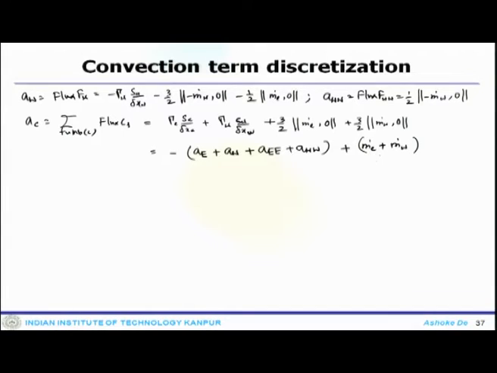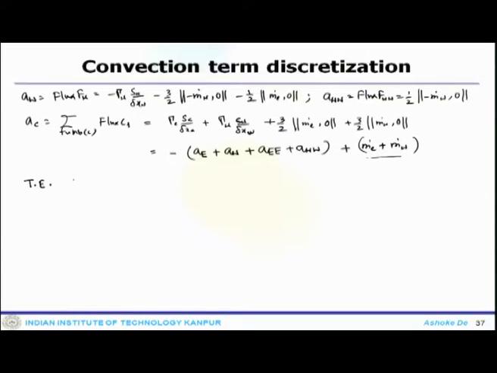So, for the continuity equation to be conserved, this will go away. Now, the truncation error one can estimate.